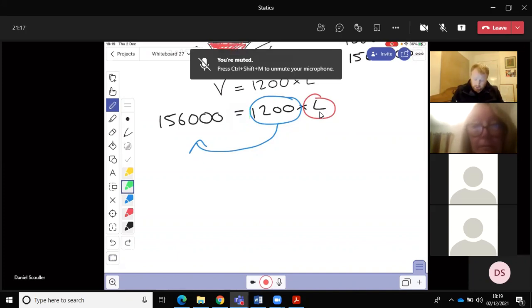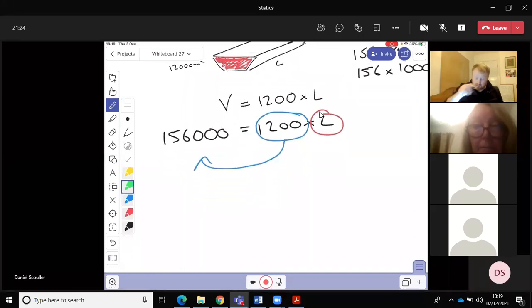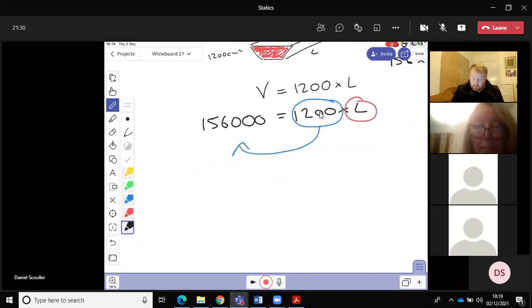So to change a multiple to the other side, taking that 1200 to the other side, it becomes a divide. So the equation becomes 156 over 1200.